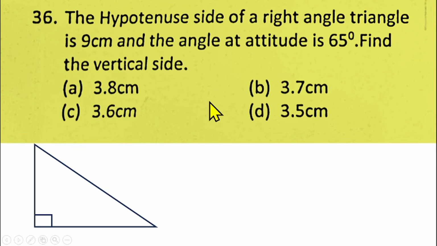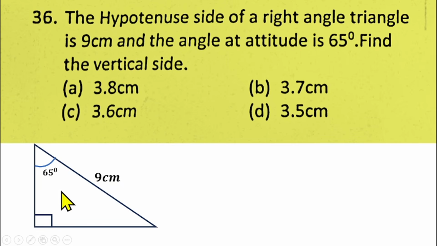We have to find the vertical side of a right angle triangle. The hypotenuse of a right angle triangle is 9 centimeters, and the angle at the altitude is 65 degrees. Find the vertical side. If you have a right angle triangle, the hypotenuse is 9 centimeters, and the angle is 65 degrees.